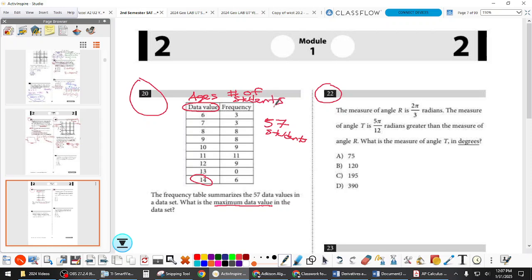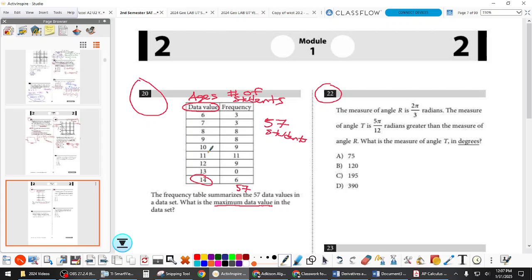So if we add this column up, it's a total of 57 students. How many 8-year-olds are there? 8. Yep. How many 12-year-olds are there? 9. So that's this. So the question is really asking, if we put it in the context of our story, what's the oldest student?